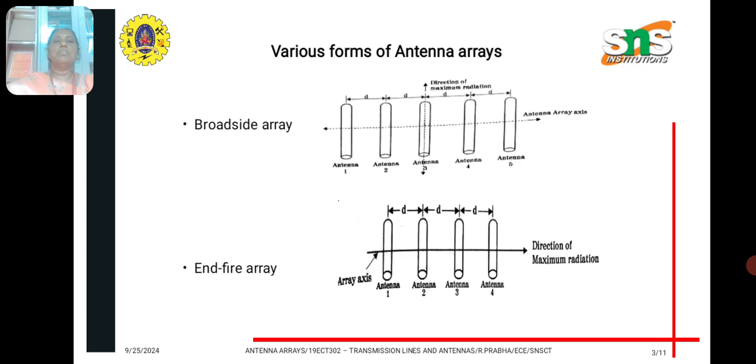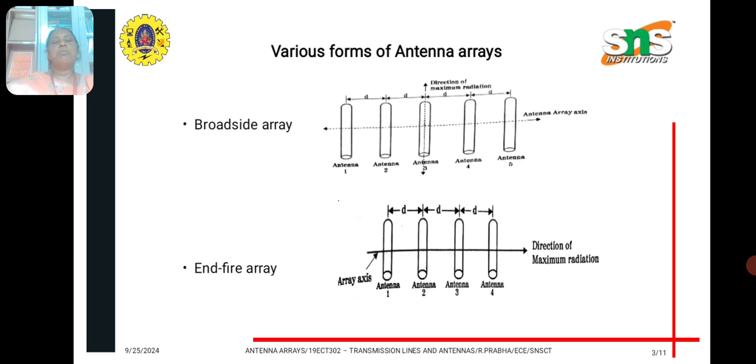In contrast to the broadside array, there is another array called the Endfire array, but the similarity is that this is also a linear array, because in an Endfire array also all the elements are equally spaced. The difference is that in an Endfire array, all the elements have the same amplitude as in a broadside array, but there will be a 180-degree phase shift between the adjacent elements in the antenna array system.